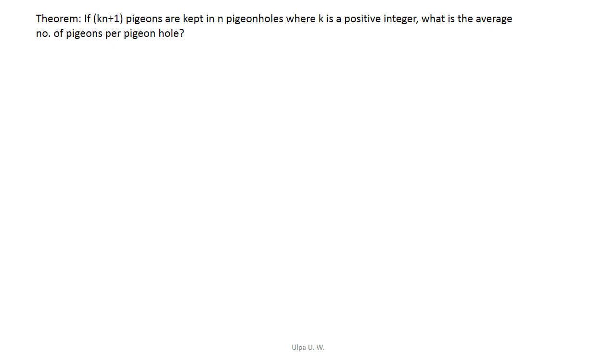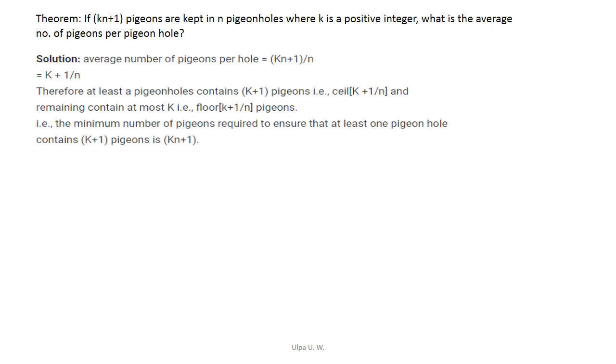So the next theorem we see is: if kn plus 1 pigeons are kept in n pigeonholes, where k is a positive integer, what is the average number of pigeons per pigeonhole? Now, on average, since there are kn plus 1 pigeons and n pigeonholes, in a particular pigeonhole there could be (kn plus 1) upon n, which turns out to be k plus 1 by n.